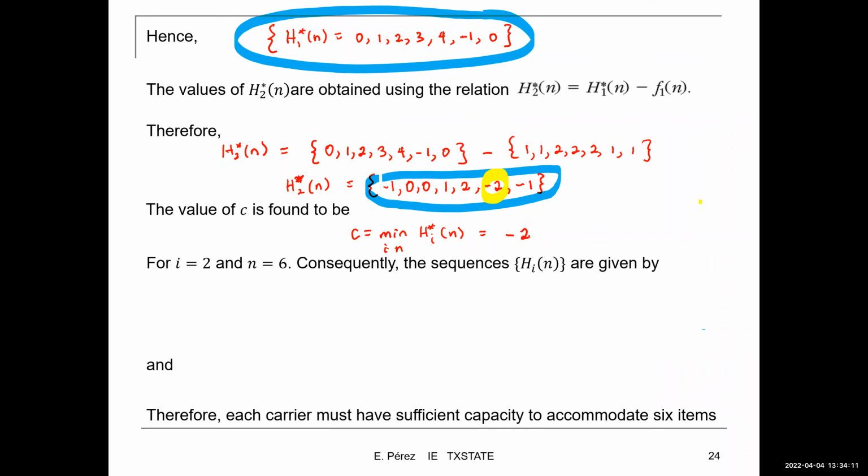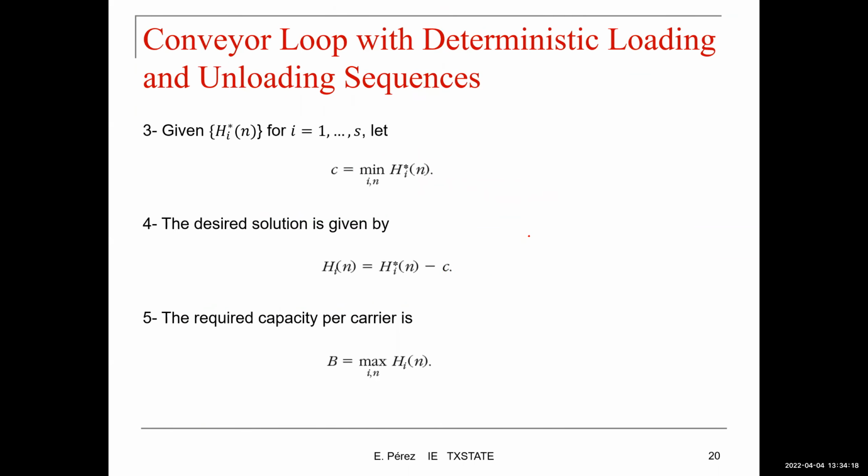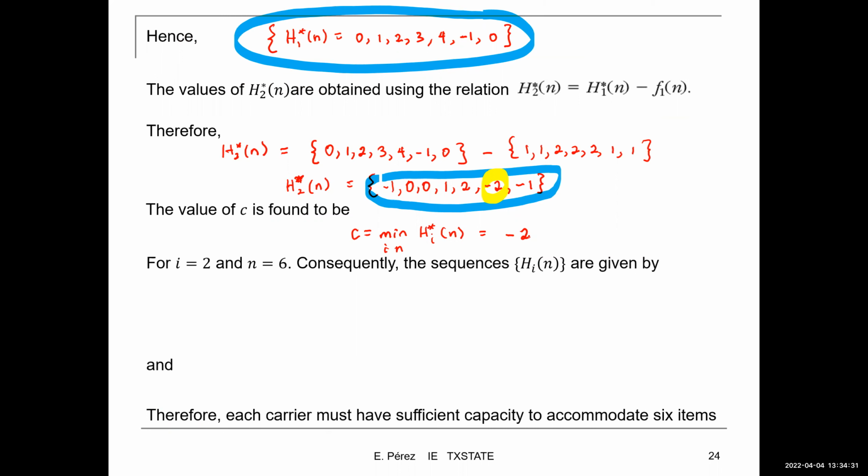Okay, so we got to this point. Now we have to use that C value to compute the H values without the star. So that will be equal to HI star minus C for both sets. In our case, we have H1 of N. So we're going to look at each one of these numbers.